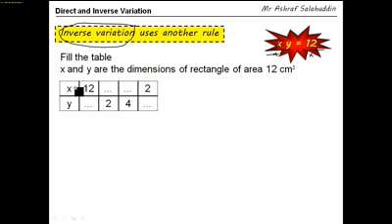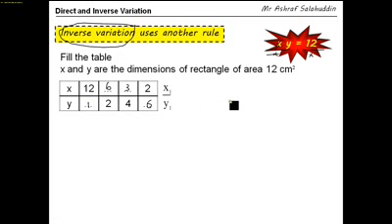Okay, let's fill the table. If one of these dimensions is 12, so the other is 1. If one of these dimensions is 2, so the other is 6. And if one is 4, the other is 3. If one is 2, the other is 6.